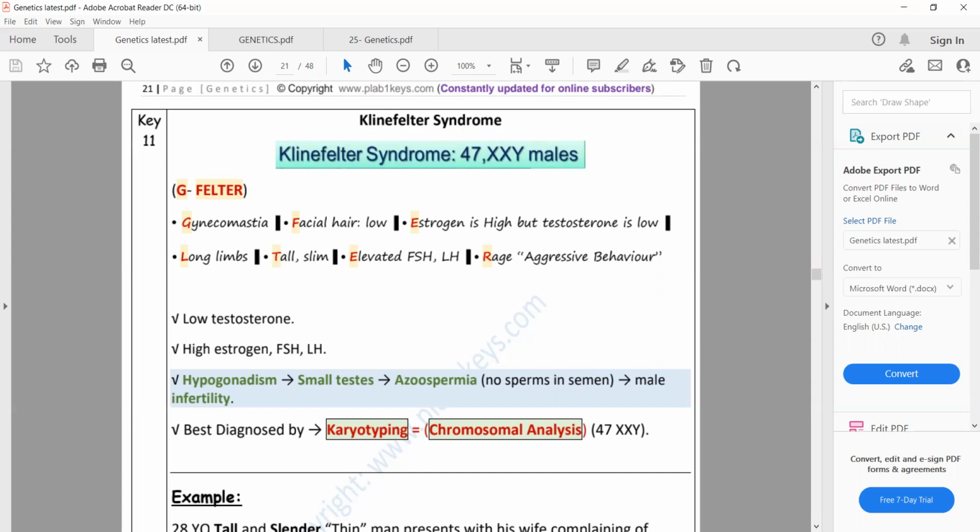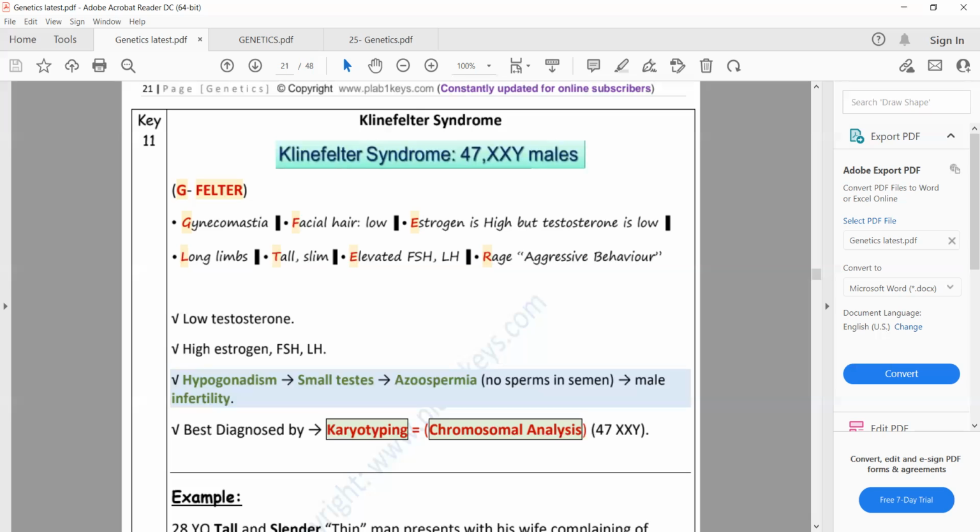Because of this extra X chromosome, feminine features will be present, such as gynecomastia, low facial hair, estrogen will be high, testosterone will be low, long limbs, tall and slim, elevated FSH and LH, and aggressive behavior. Low testosterone, high estrogen. So, because of the extra chromosome, feminine features will be present. Even the female hormones will be high.